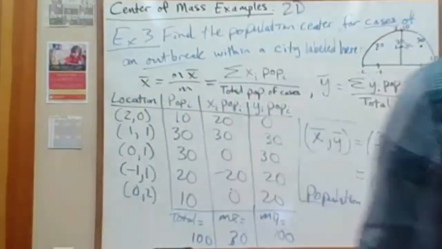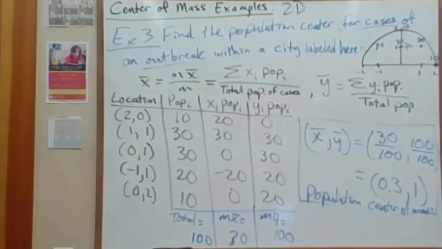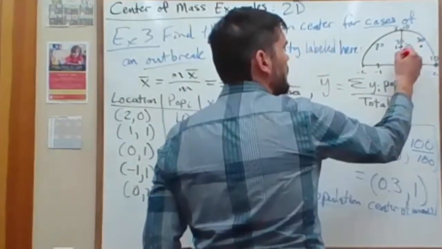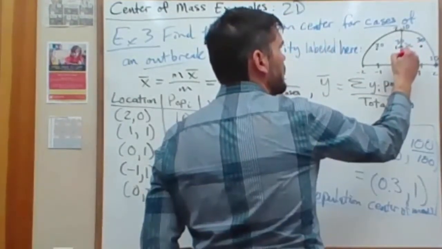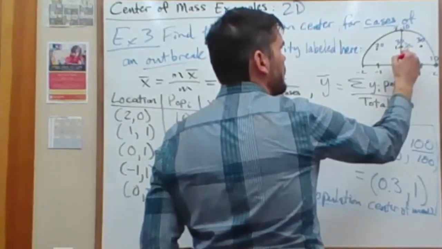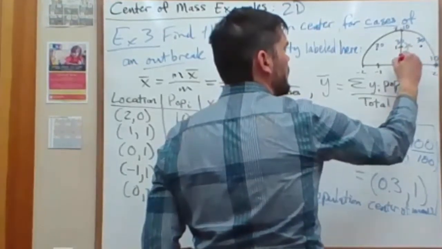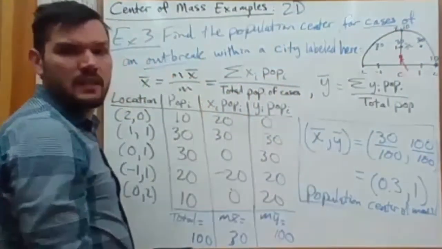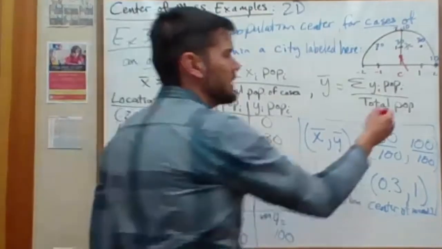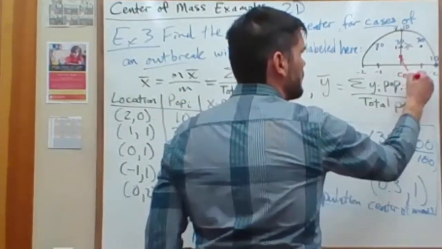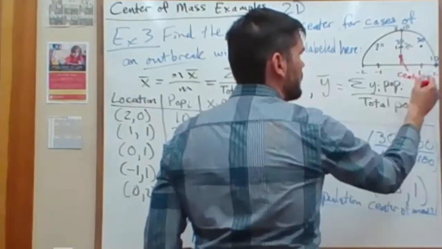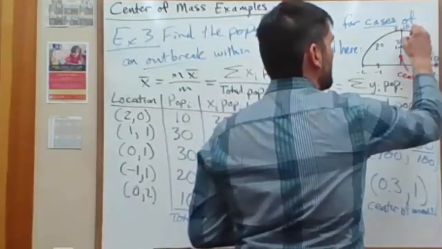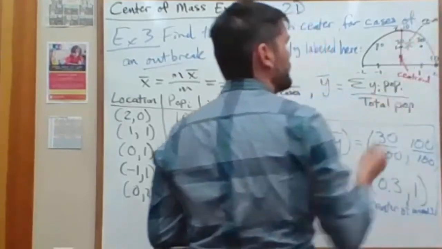And in that case, we'd have the centroid, or geometric center of mass, compared to our center of mass.